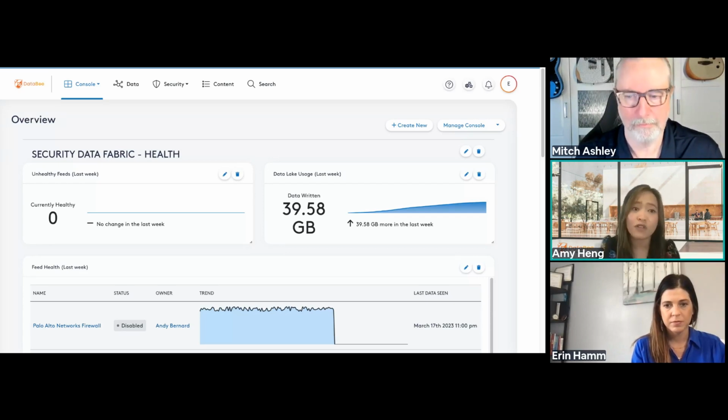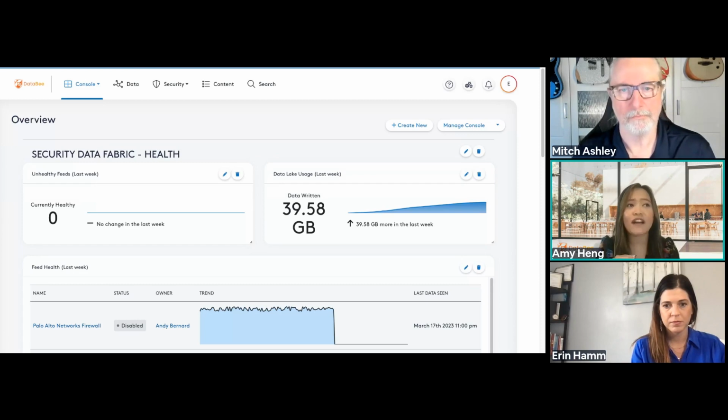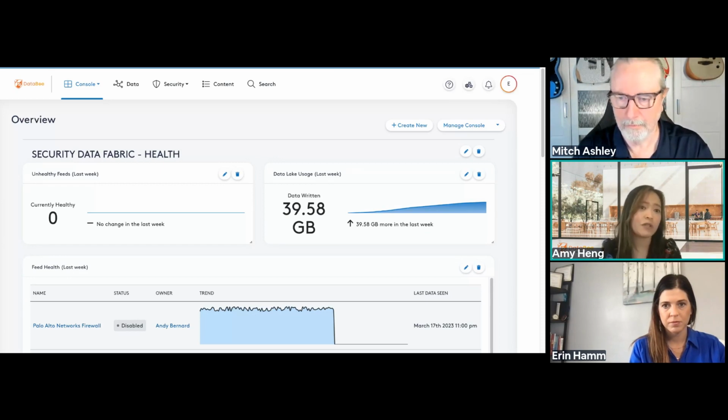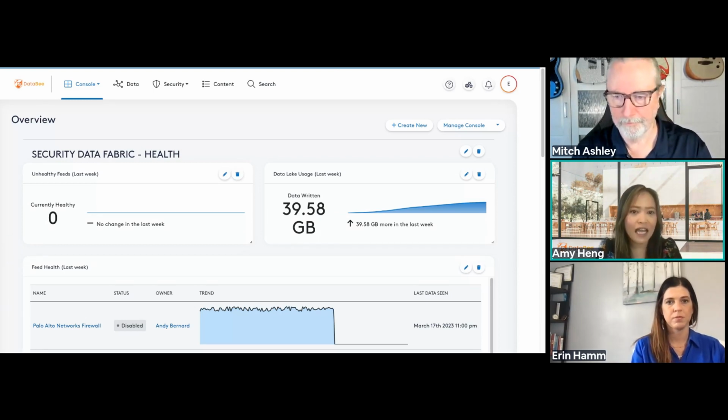So if you've ever been to a Universal Studios, if you've watched Oppenheimer, for example, we have movie studios, things like that. Our portfolio is large, and part of that also means that we have a lot of data, and we take security very seriously here.